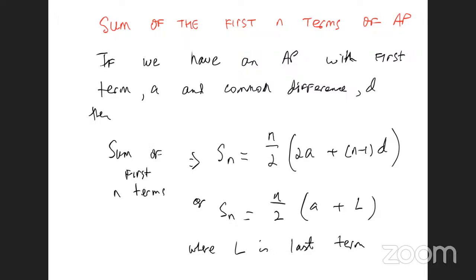So for AP, we're going to use those two formulae. You can only use the second formula if you have the last term. If you don't have the last term, you can't use it.